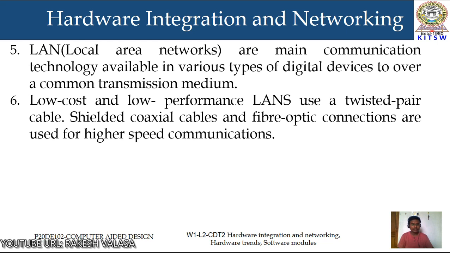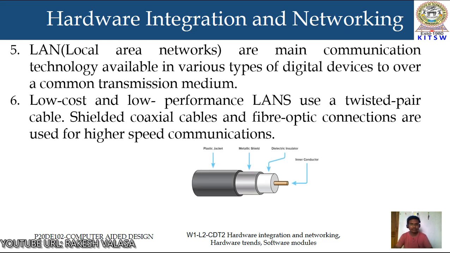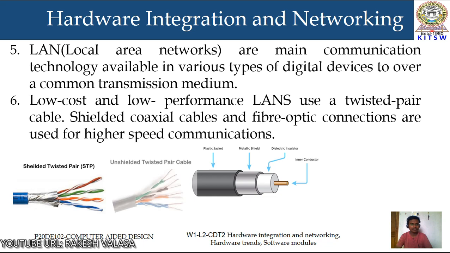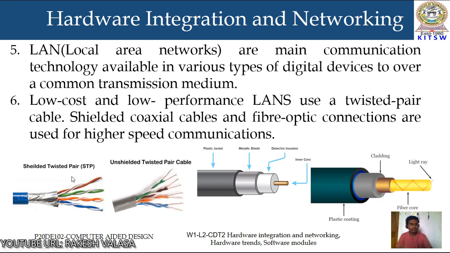The first one is twisted pair cable. Let us see the first figure. Twisted pair cable: wires are twisted together in pairs. Each pair consists of a wire used for the positive data signal and a wire used for the negative data signal.